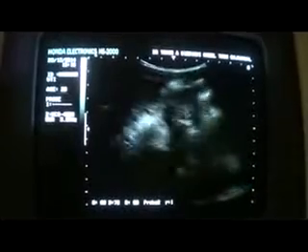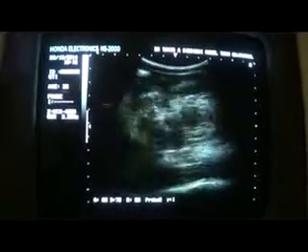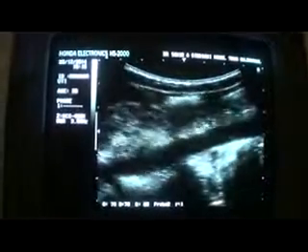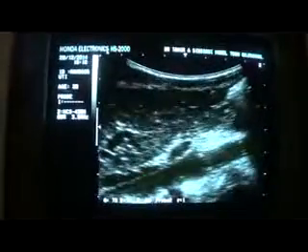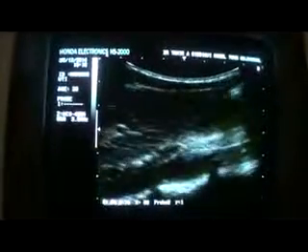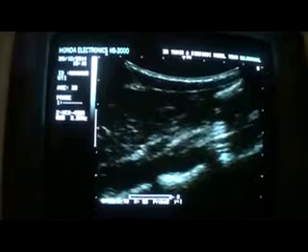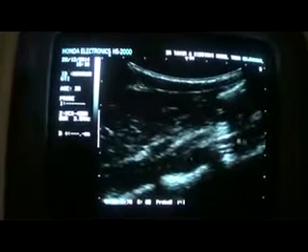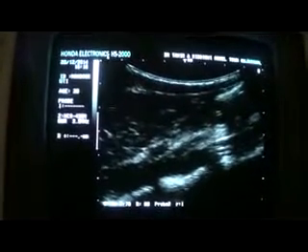There is no evidence of intrahepatic or para-aortic adenopathy. As you can see, this is the aorta, and you can see the superior mesenteric artery arising from it. This is the proximal aorta, superior mesenteric artery, celiac axis.